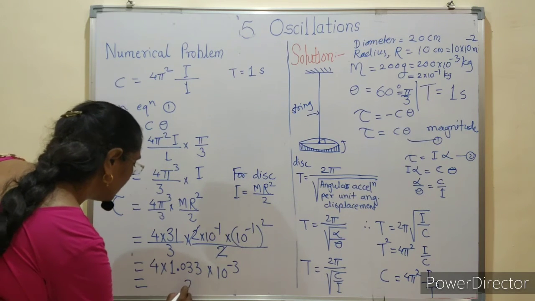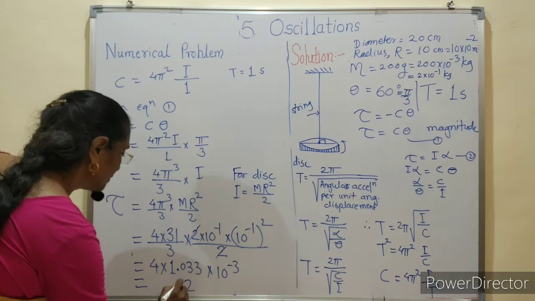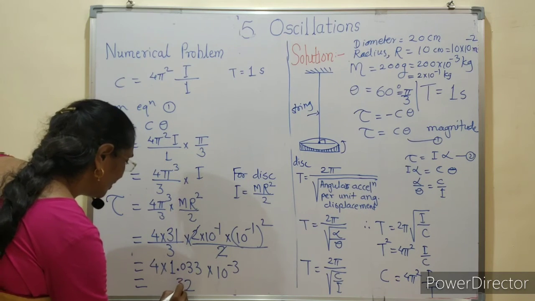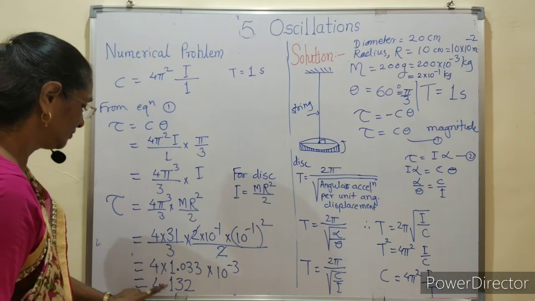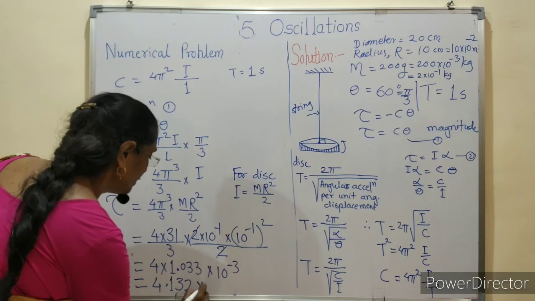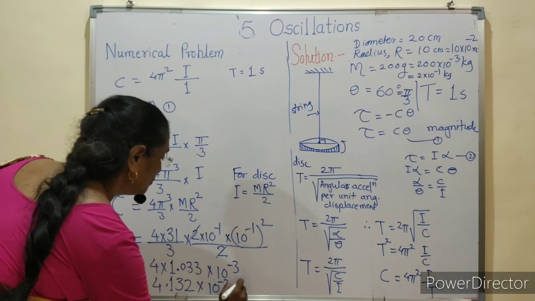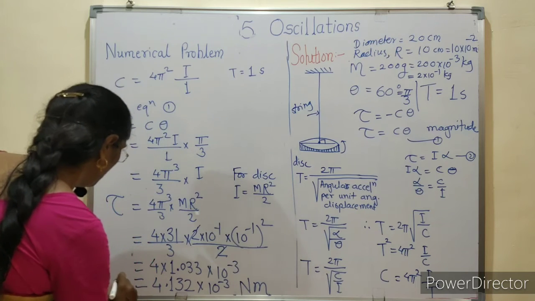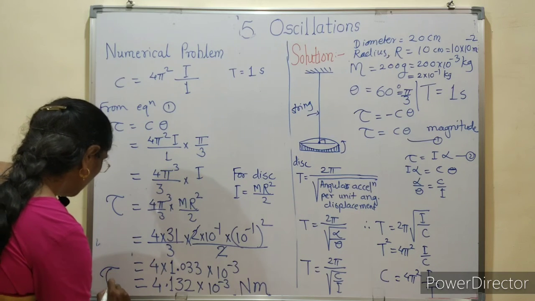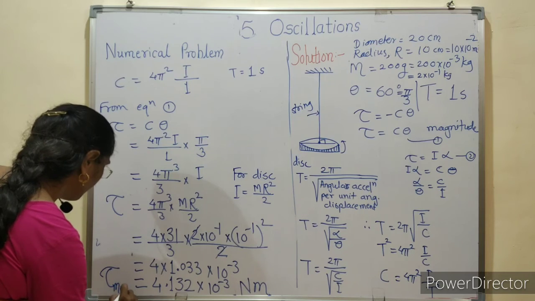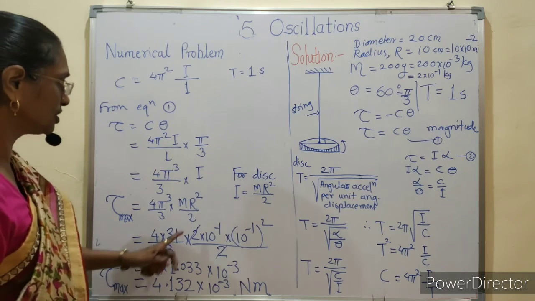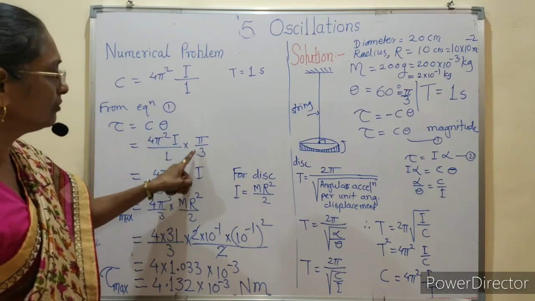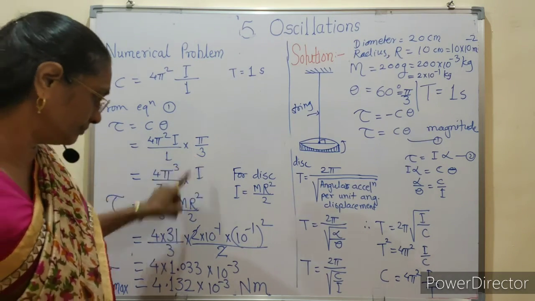Multiplication gives us 10 raised to minus 3 Newton meter. It is the unit of torque. It is the maximum torque when the oscillations are with the angle pi by 3 radians.